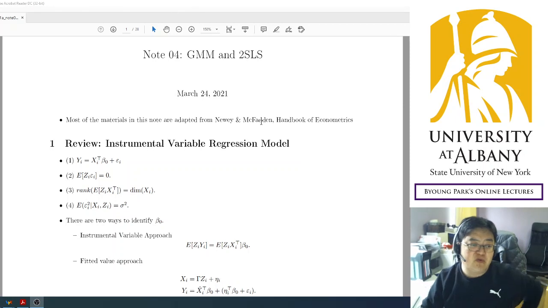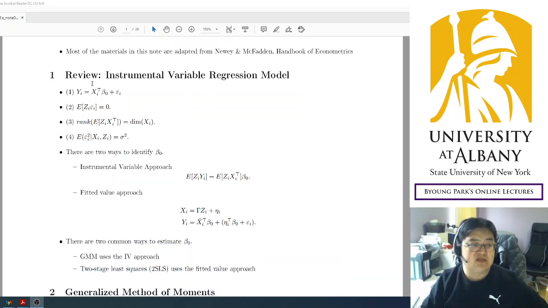So let me review the IV regression model. We have these assumptions, and remember we had two approaches, the instrumental variable approach or moment approach. The name of the approach is my choice. Anyhow, the first way to estimate beta 0 from this model is to use this.